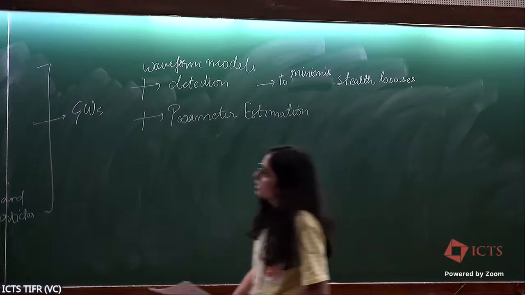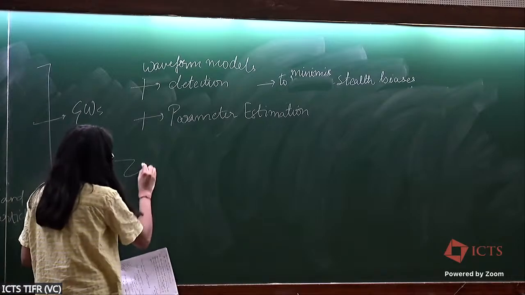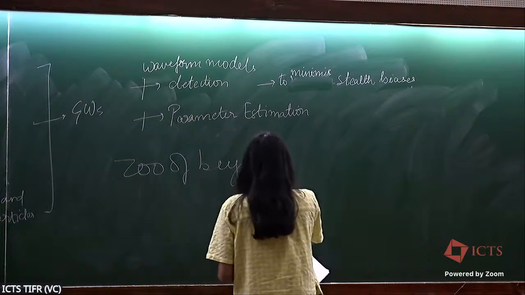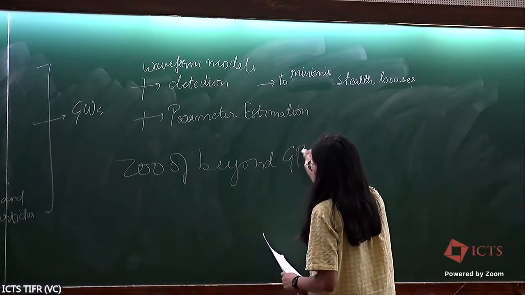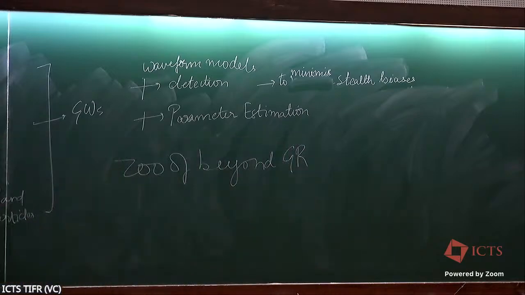Now, when we say beyond GR or exotic compact objects, there is a zoo. There is a zoo of beyond GR theories. Because we can modify GR as we like. We can add extra degrees of freedom by adding extra fields to the system. That is not only the graviton, but there could be any other field like scalar, vector that can be propagating.